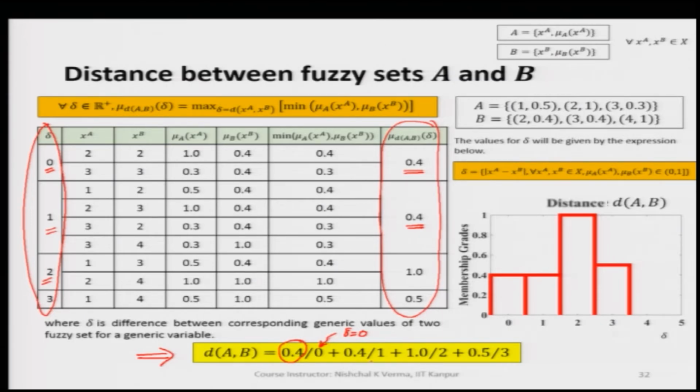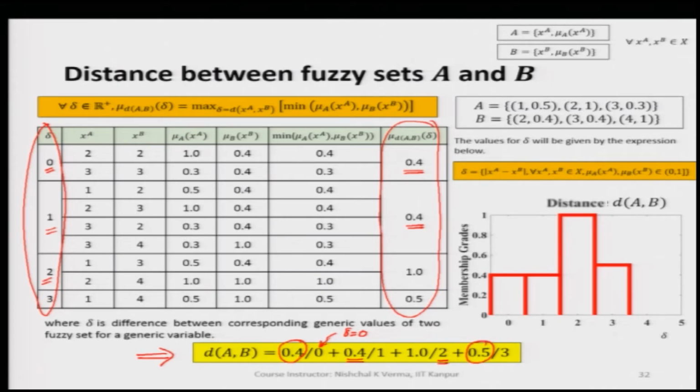Similarly, here we are getting another element as 0.4 oblique 1. So, for delta is equal to 1 we are getting 0.4 as its corresponding membership value. And then for delta is equal to 2, we are getting 1, and similarly for delta is equal to 3, we are getting its corresponding membership 0.5.